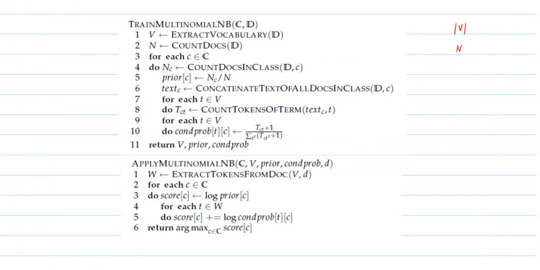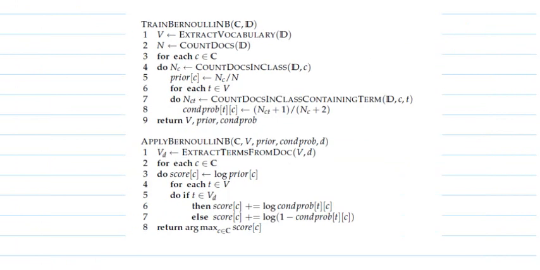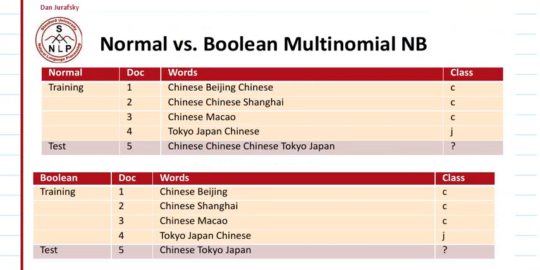So this Nc is the count of documents in that class. So we will be counting how many documents are present in the class C. Here we see that we are having 3 documents in the class C. Alright, so this is 3, and in another class we have 1 document, right?